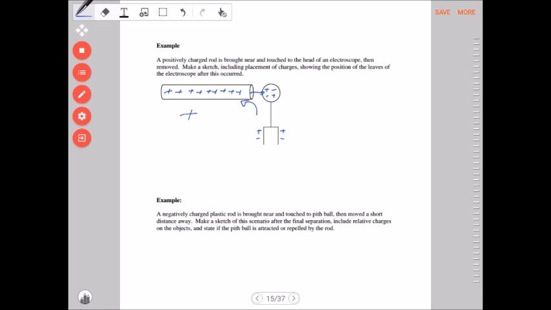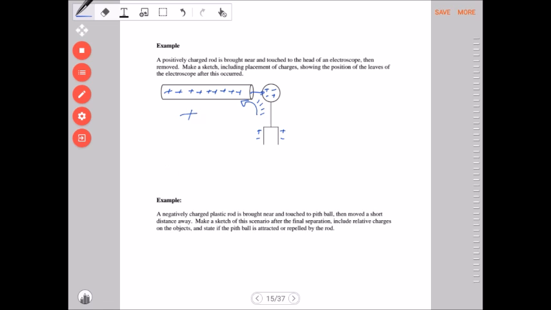So we're not going to be able to make it neutral. Both of these objects are going to end up slightly positive. The rod will end up slightly less positive, and of course the electroscope will end up just positive. So the electrons jump off the electroscope onto the rod.